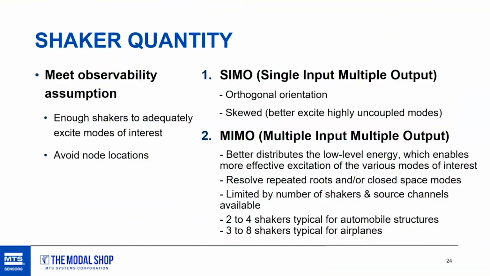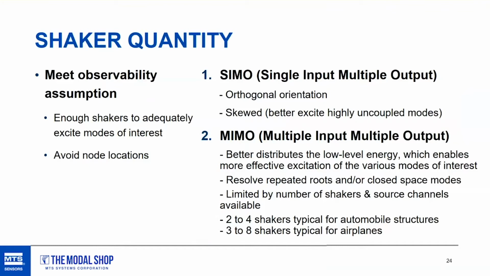One more thing, a frequent question we get at The Modal Shop is, how many shakers do I need for my test? And the answer to that question really depends on what we call the observability assumption.